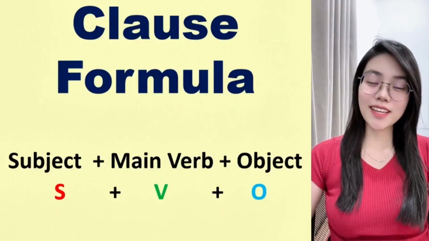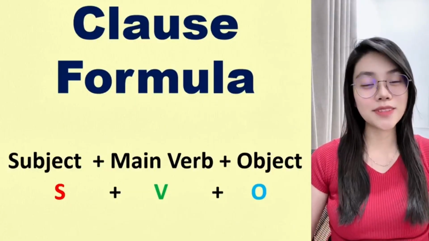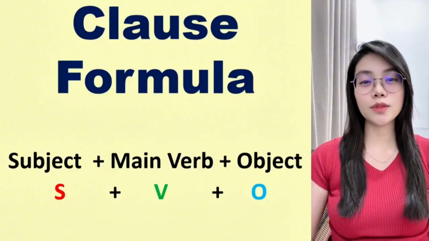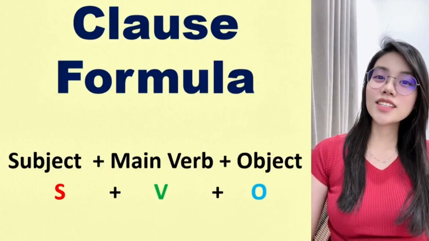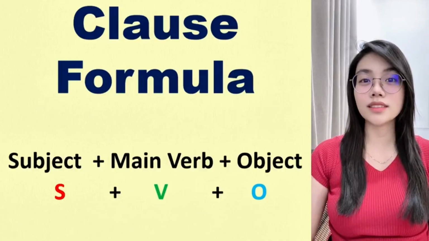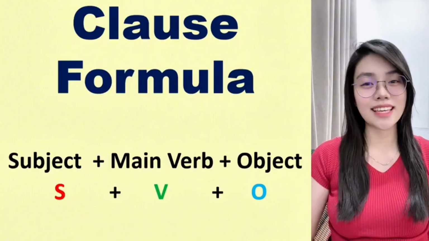In today's video, I will be talking about English grammar, specifically English sentence formulas that will absolutely help you write correctly. Okay, now let's get started with an English sentence that has only one clause. I'll talk about sentences with more than one clause later.